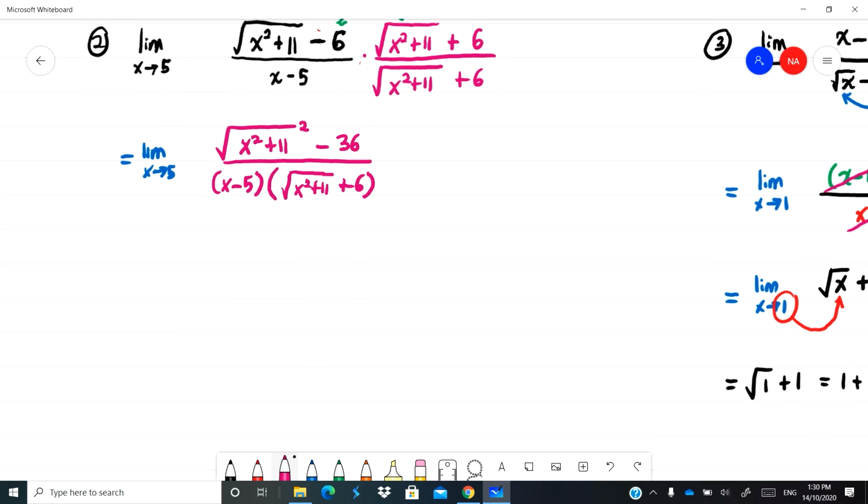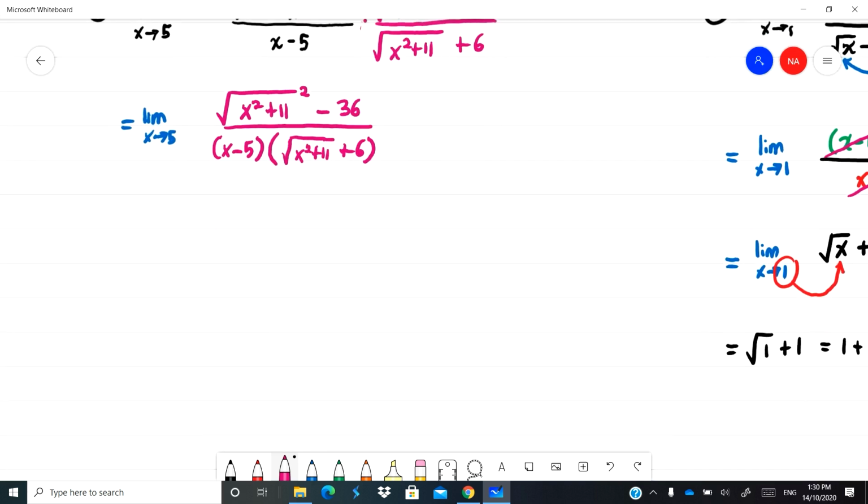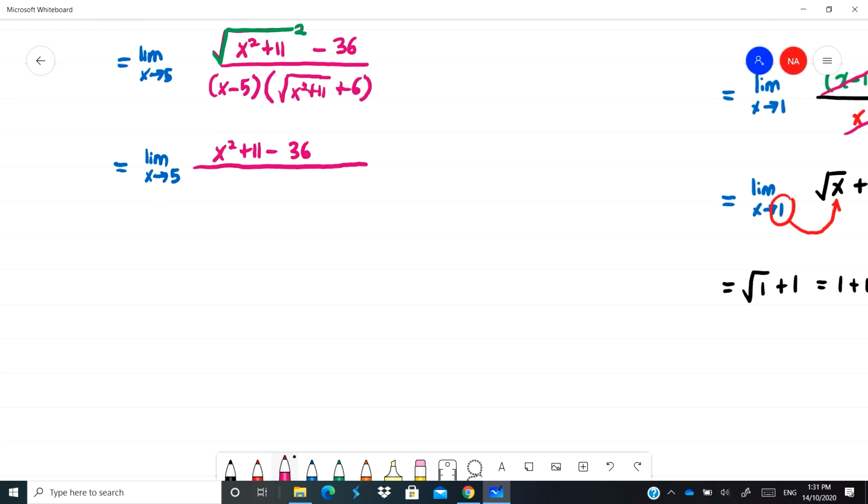All right, so now we're going to simplify the numerator. In this case, we have not substituted the value of x with 5, so we have to write this limit as x approaching 5. The square root is lost there because there is no more square root, since that square root together with the square cancel, so we are just left with x squared plus 11 minus 36. So at the denominator, you don't have to be lazy, you have to copy this again, right?